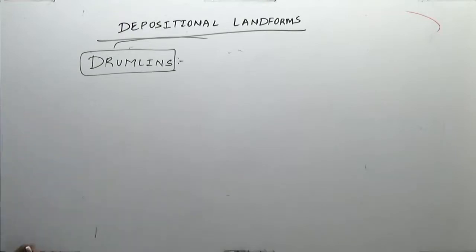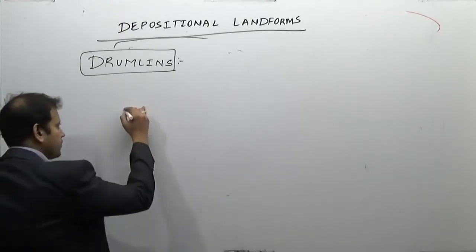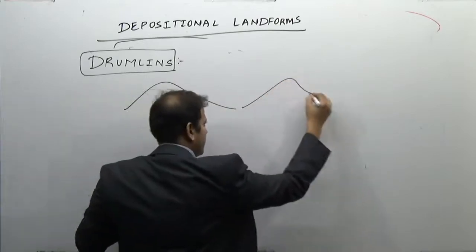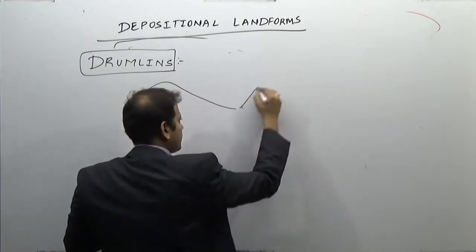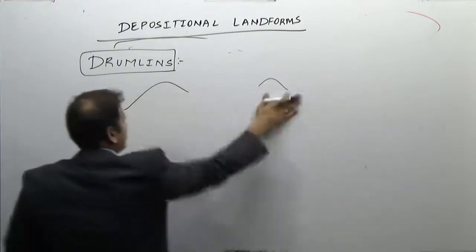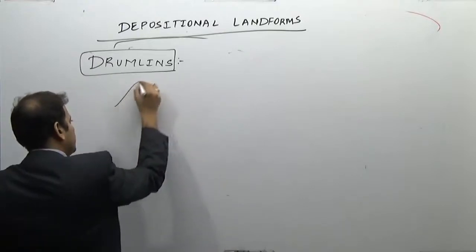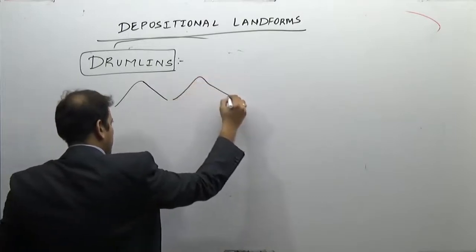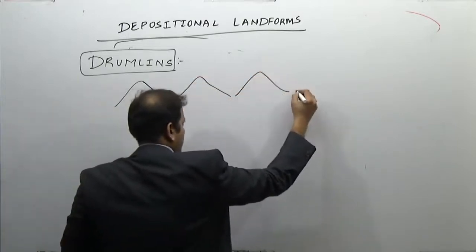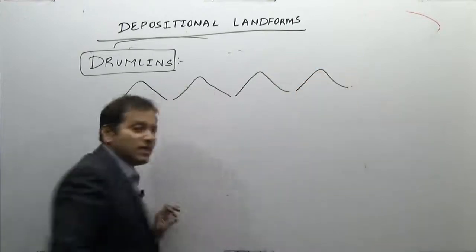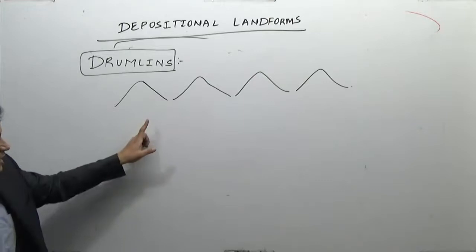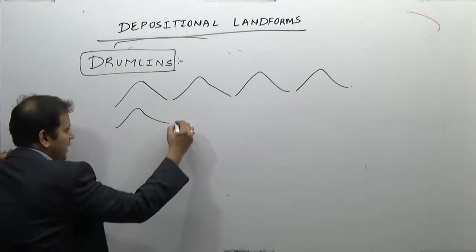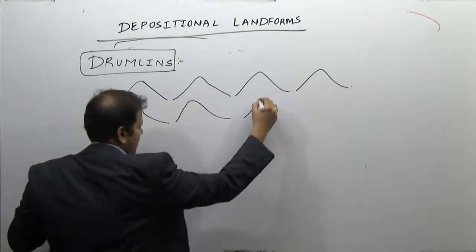Now, what are these drumlins? These are again mountains which are of this shape. These are groups of mountains having such a shape. What is the shape? They are steep on one side while they are elongated on the other side.